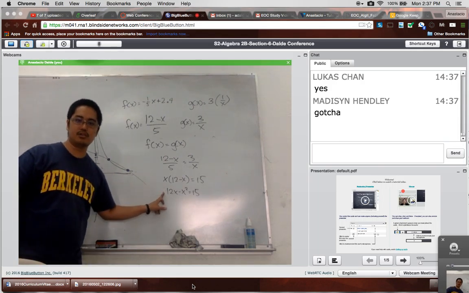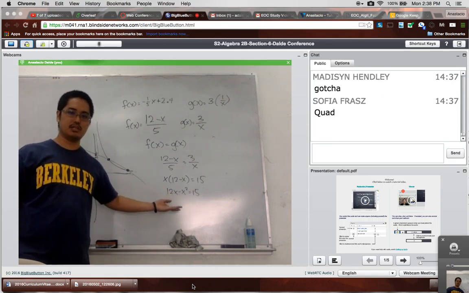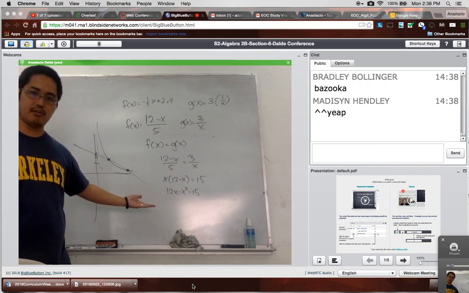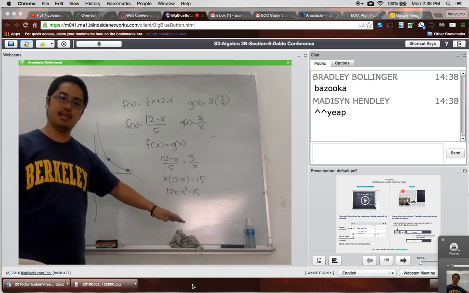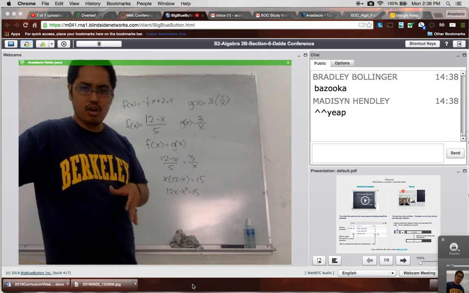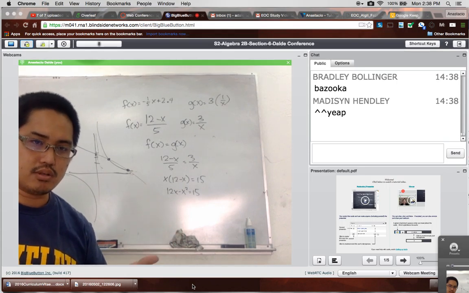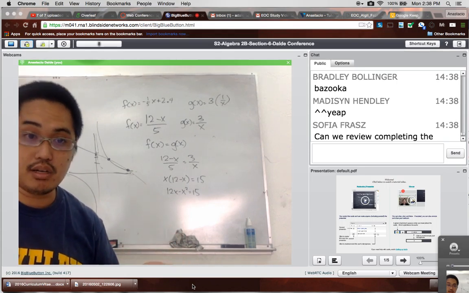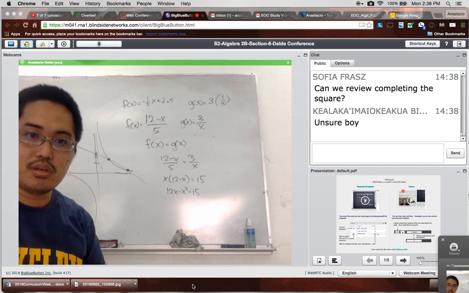And what would I use to solve it? There we go. It's a quadratic equation. I would use the quadratic formula to solve it. I'm not even going to go through that because you guys know how to use that. But you can see immediately it's a quadratic equation, so you know that quadratic equations can have 2 answers. It could also have 1 answer, and it could also have no answers. But at least it kind of matches with my picture.